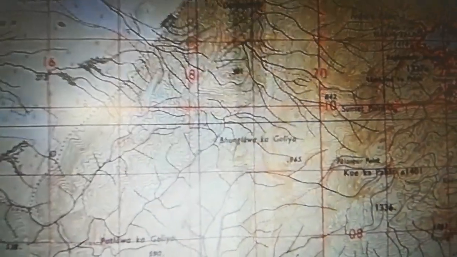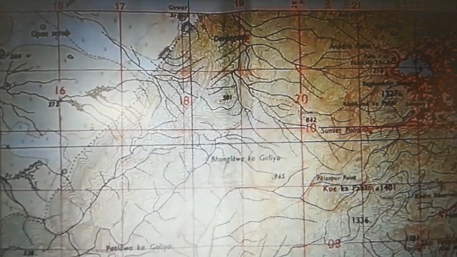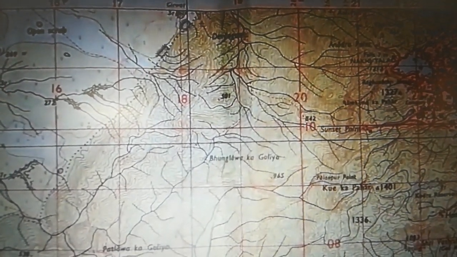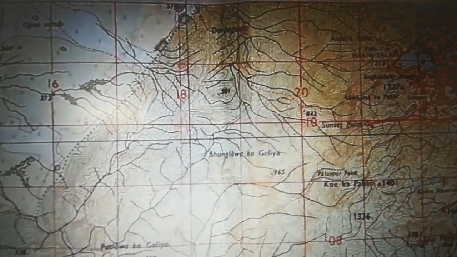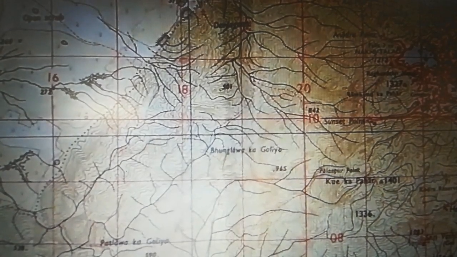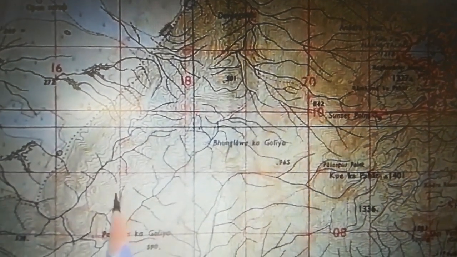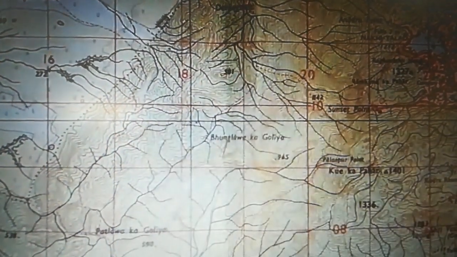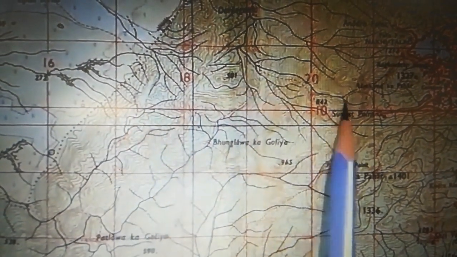Using contours is the most common method of showing relief features on topo sheets, such as gentle and steep slope, conical hill, plateau, ridge, saddle and cliff. You can see many brown lines connected together which form circles. These lines show the relief features.